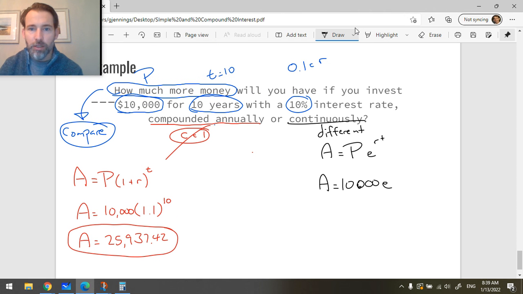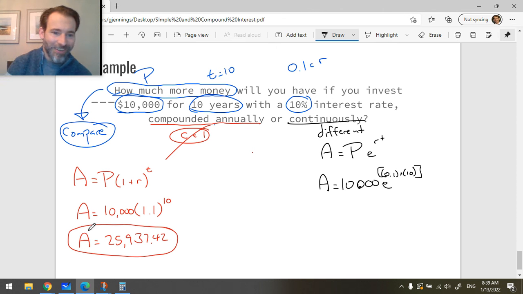The rate was 0.1, so yeah, 0.1. The time is 10. 10 times 0.1 is 1. So the amount here is 10,000 times E raised to the power 1. Okay, fine. Raised to the 0.1 times 10. Okay, that's the exponent that we raise it to. That is 1, people.